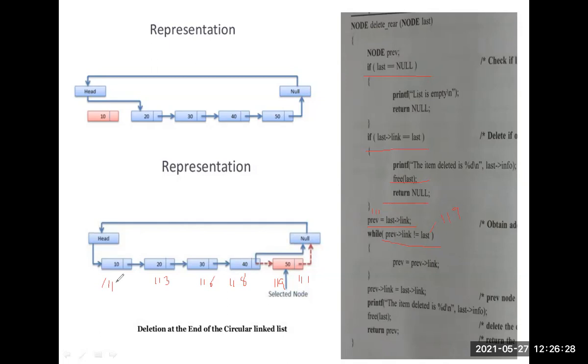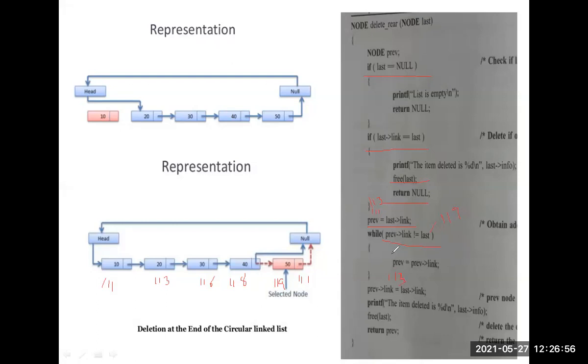First node address is 111. 111 is stored in previous, while previous of link means the next node address, that is 113. Now previous of link not equal to null? No. So previous equal to previous of link. So previous of link is now 113. Now previous is 113.